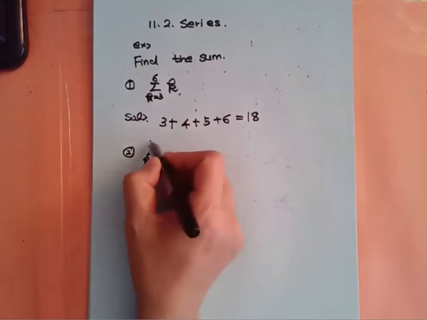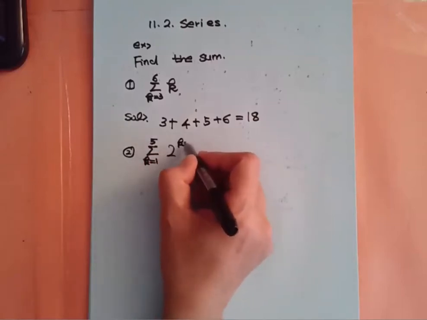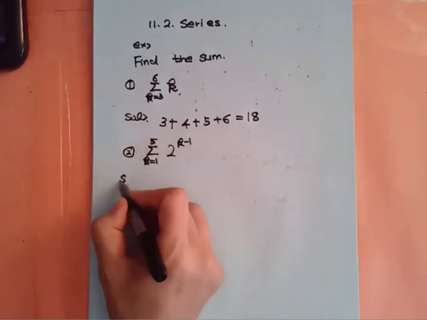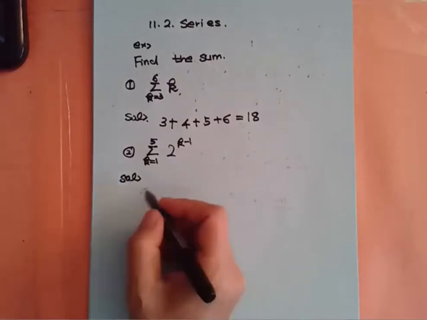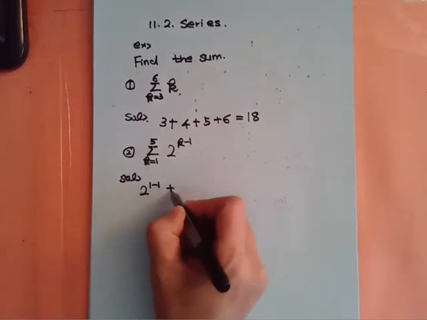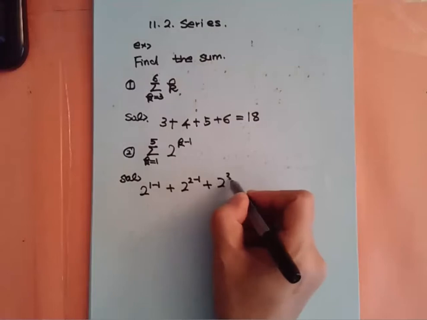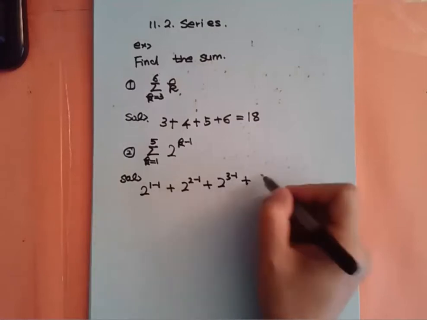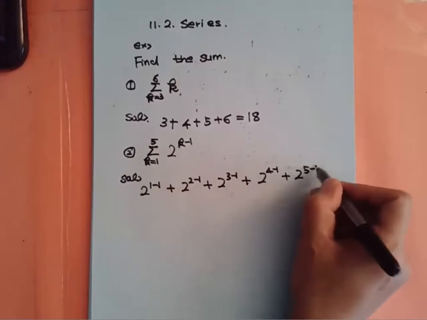The next one is the sum for k equals 1 to 5 of 2 to the k minus 1. That means 2 to the 1 minus 1 plus 2 to the 2 minus 1 plus 2 to the 3 minus 1 plus 2 to the 4 minus 1 plus 2 to the 5 minus 1.